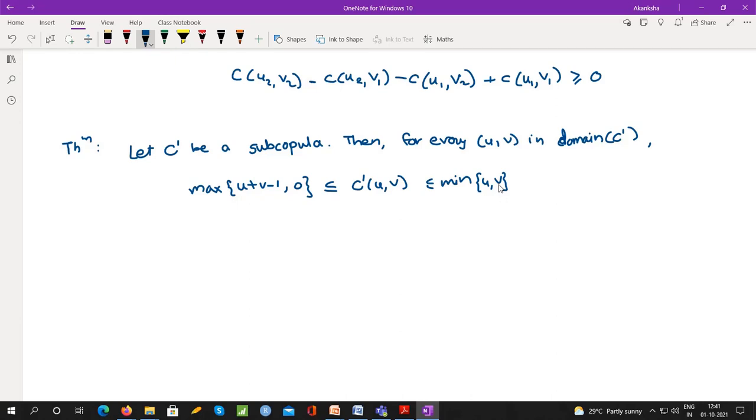So basically we are giving lower and upper bounds on the value of a subcopula.